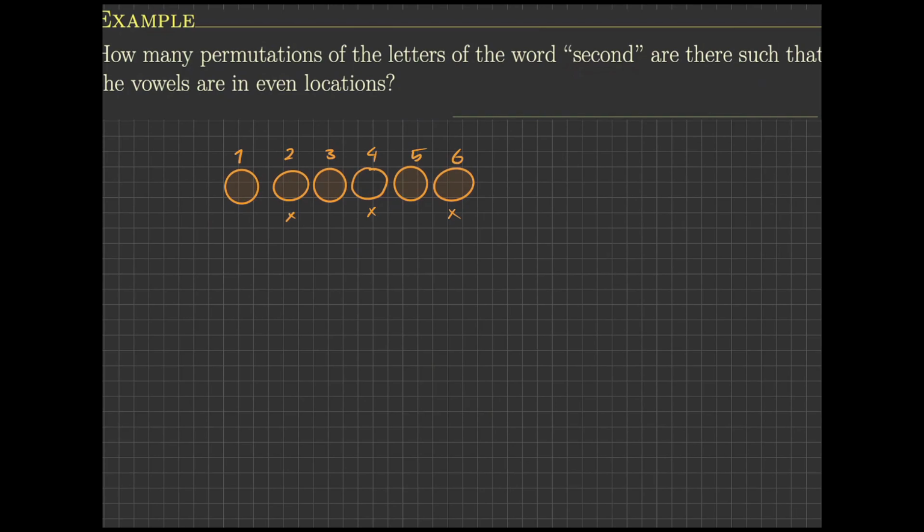So I want to put the vowels, which are in this case E and O, in 2 of these 3 locations. Yes? And the order matters. So here the number of objects is 2, the number of locations are 3, but everything is as before. So the answer to the first stage is how much? P, 3, and 2. Yes?